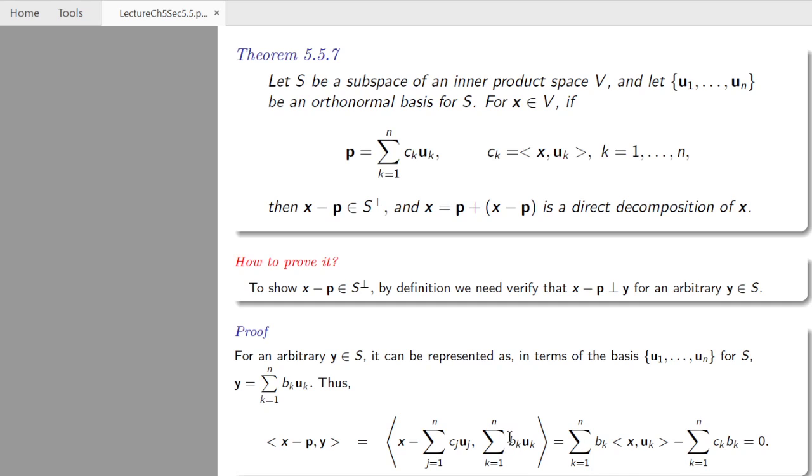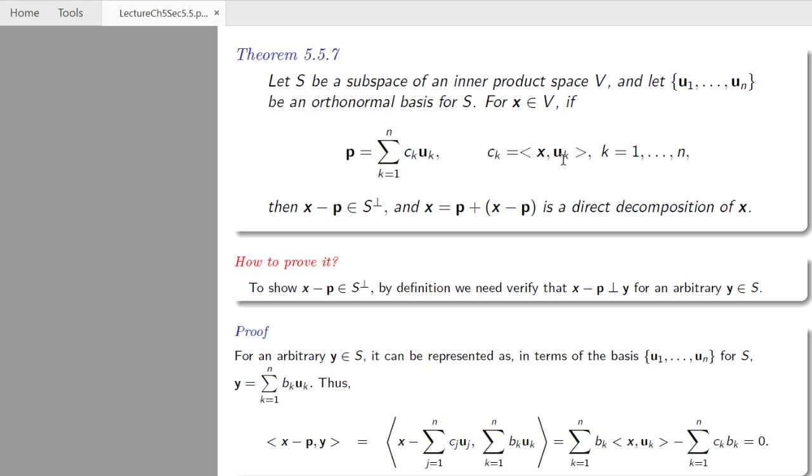And recall we had Corollary 5.5.3. So that gives the inner product between P and Y. From this, we have BK here, BK here, and then take a look: CK equals the inner product between X and UK.